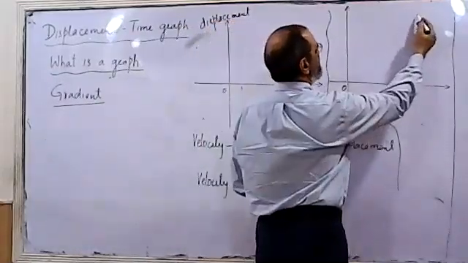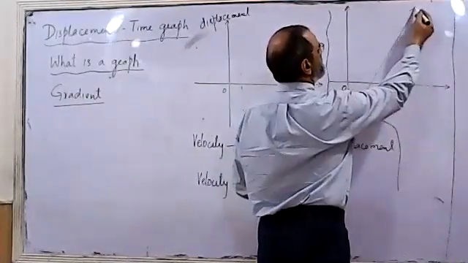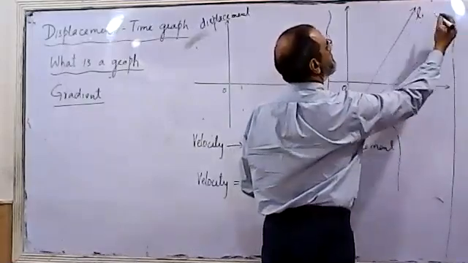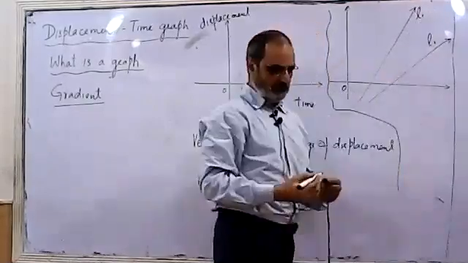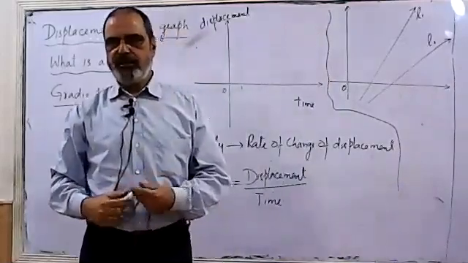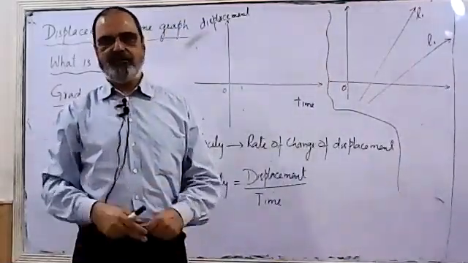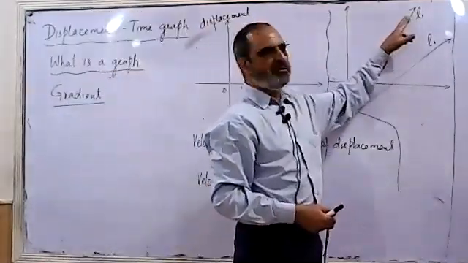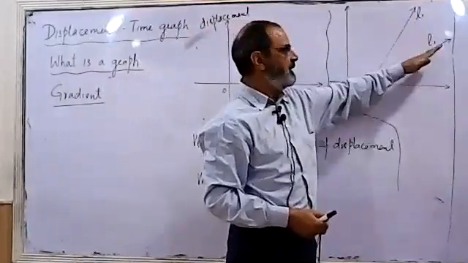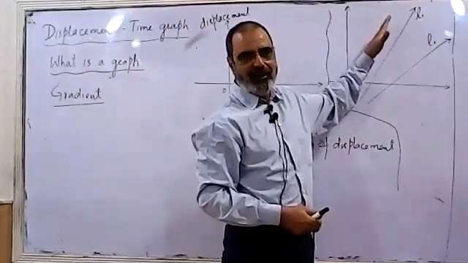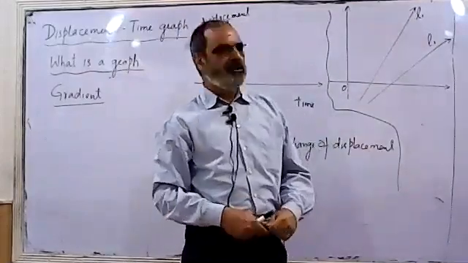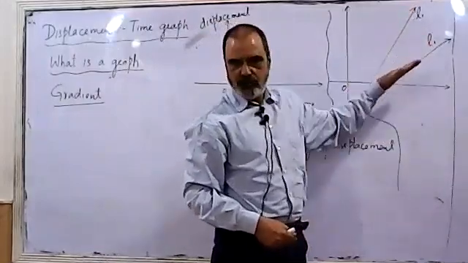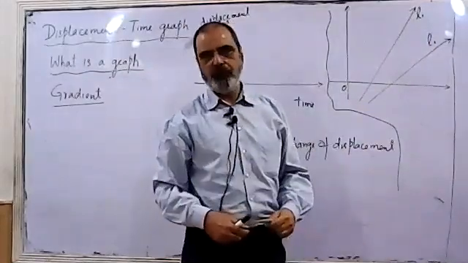If I draw two lines, can anybody tell me which line has a greater gradient? Yes. Line 1 has the greater gradient than line 2. Gradient means its inclination, its slope. How do we find the gradient? You people are already familiar with it.